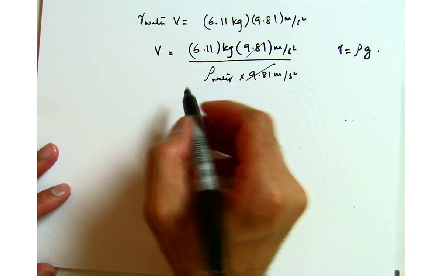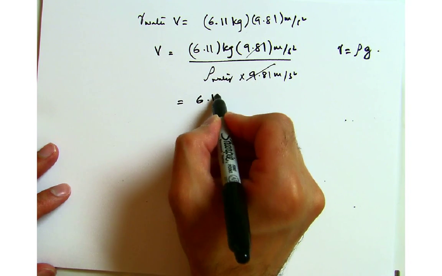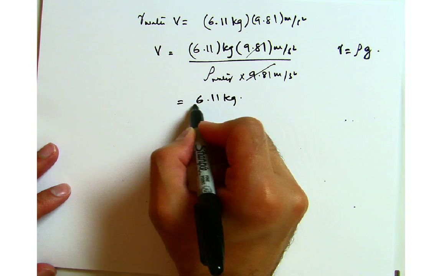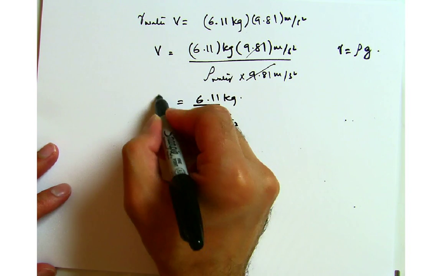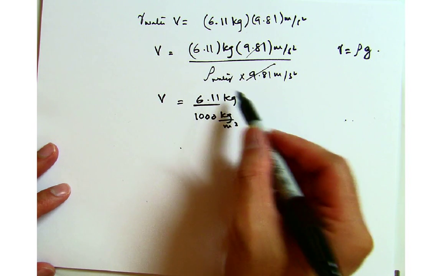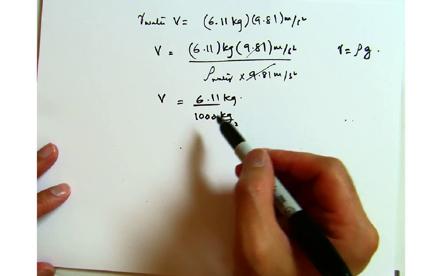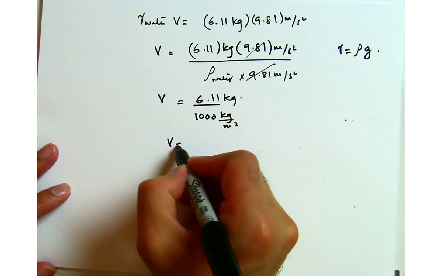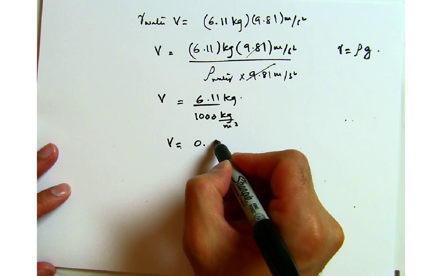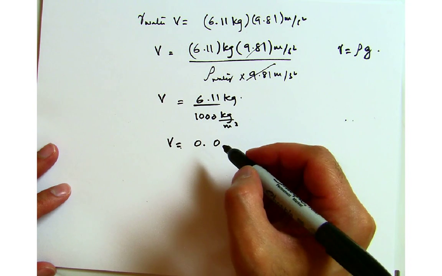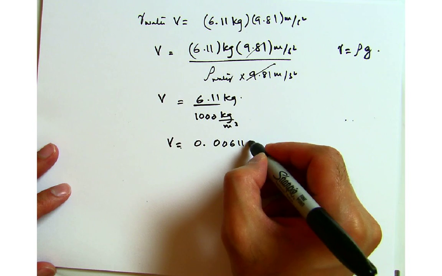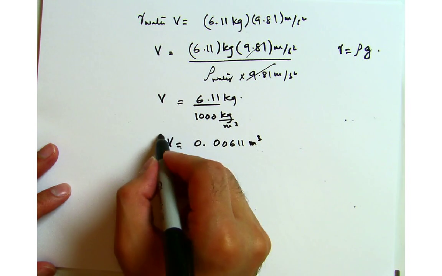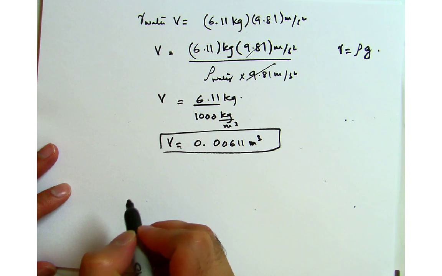These cancel out, and we are left with 6.11 kg divided by 1000 kg per meter cube. I can take the density of water to be around 1000 kg per meter cube. So this gives me a volume of 0.0611 cubic meter. That is the volume of this irregular shape.